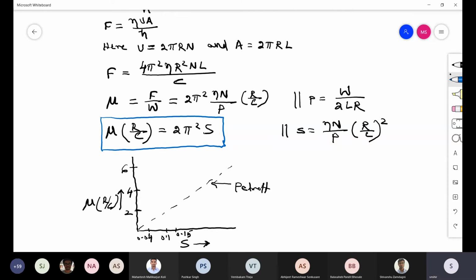Now, if you draw the infinitely long journal bearing, the solution will look like this.